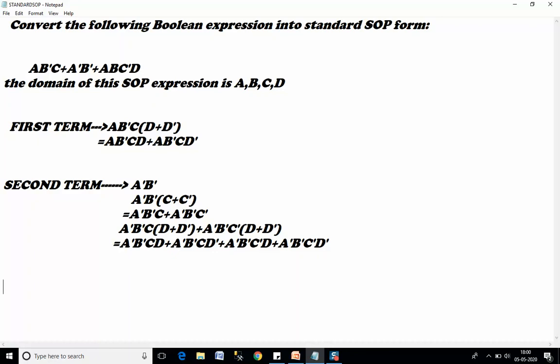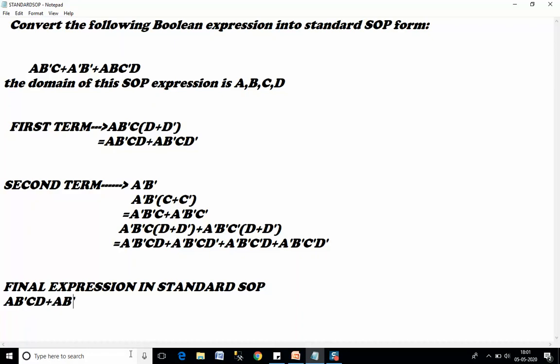So my final expression in standard SOP will be equal to this first term, A B complement C, which equals A B complement C D, or A B complement C D complement.